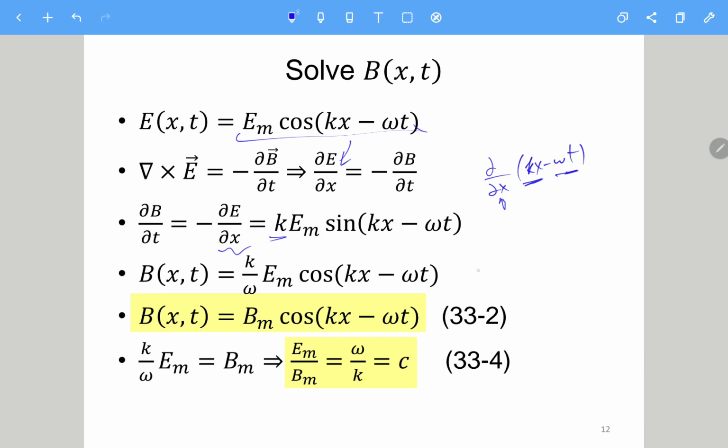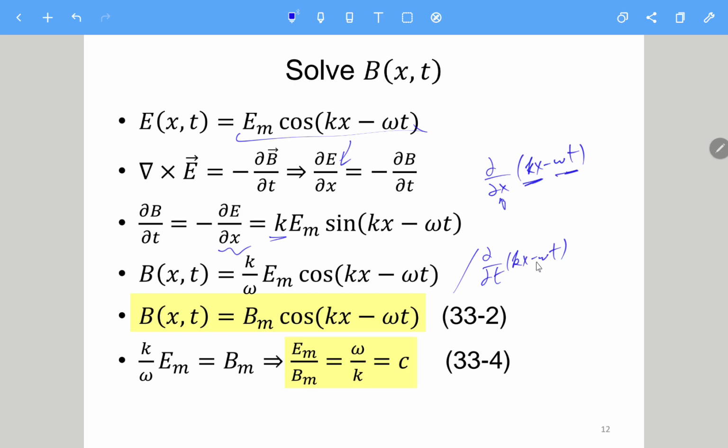So we take partial t of kx minus omega t. Okay, kx is a constant to t, so we have 0 here.